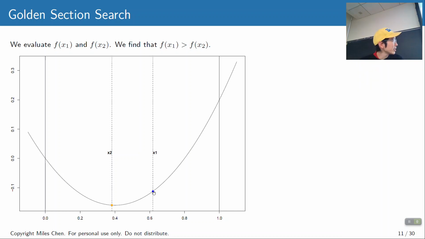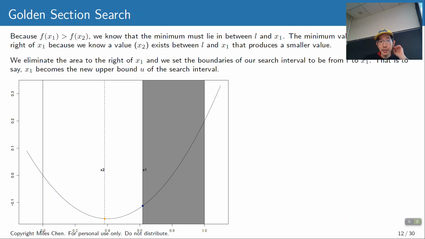But if we see that this value is higher than this value, then we know for a fact that the local minimum cannot be to the right of x1.